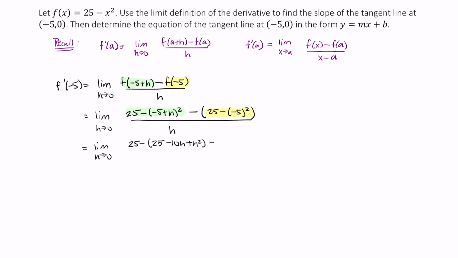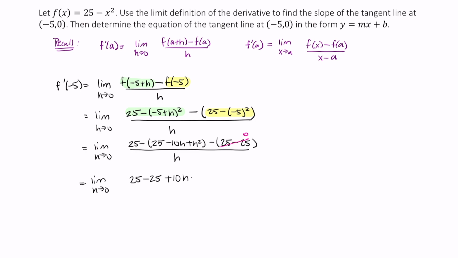Now from that, we're going to subtract 25 minus 25, and then we're going to divide this entire quantity by h. Clearly that's 0. So this is the limit as h approaches 0 of 25 minus 25. Now I'm distributing this negative. So I need a positive 10h and a negative h squared.